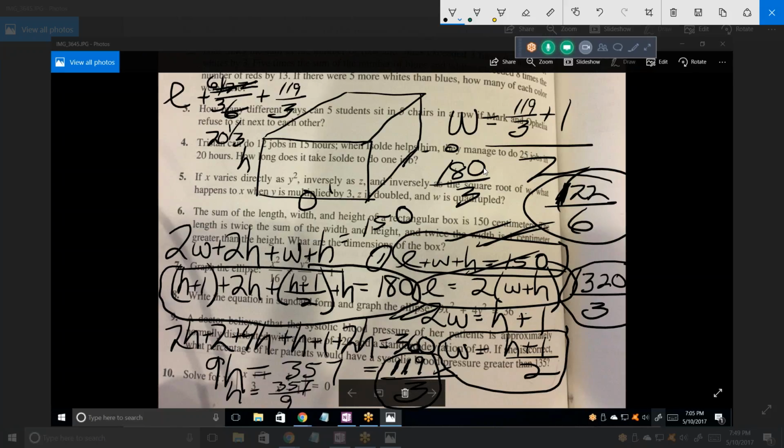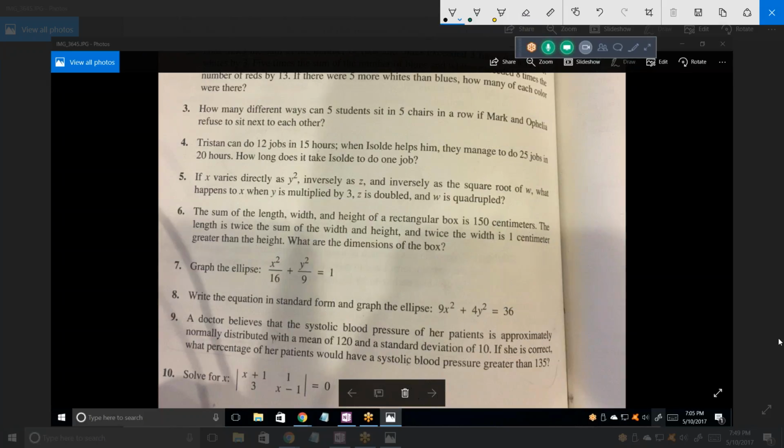They made it particularly easy because the equations they gave us, one was solved for L, and the other was solved for 2W. So they made it relatively easy to solve this system using substitution. I don't know why I had a problem, but I'm not going to worry about it. We definitely were doing it correctly. We just made an arithmetic error somewhere.